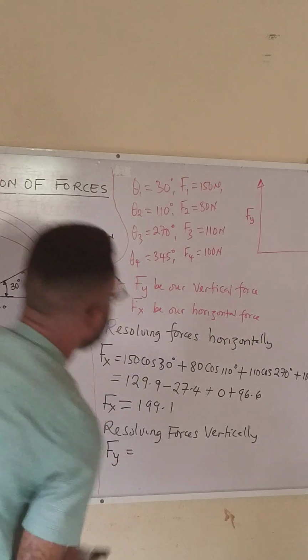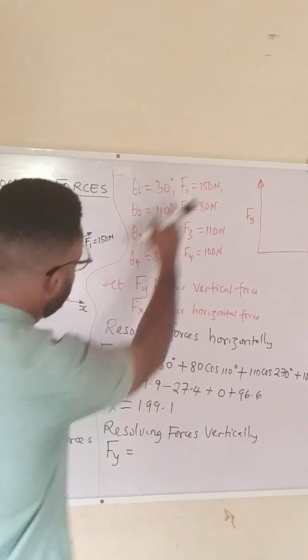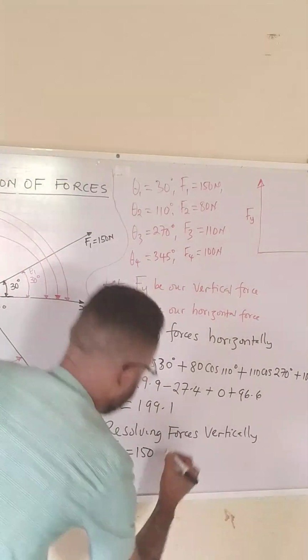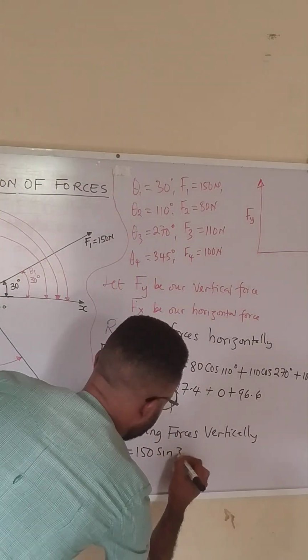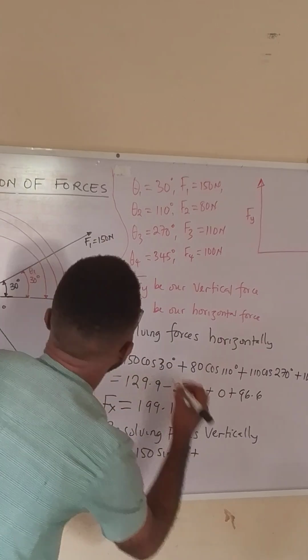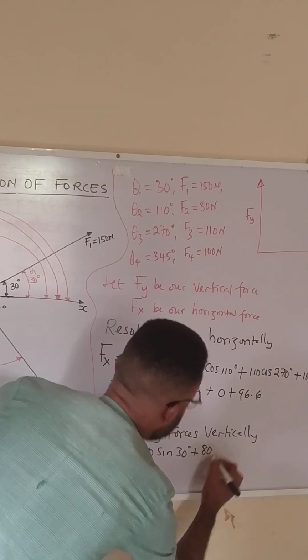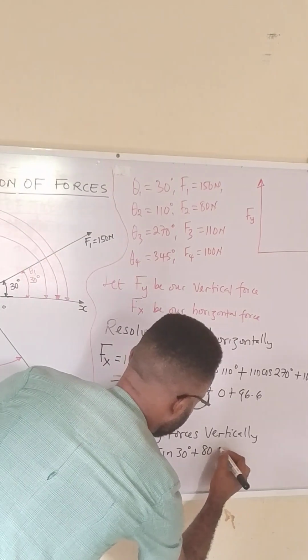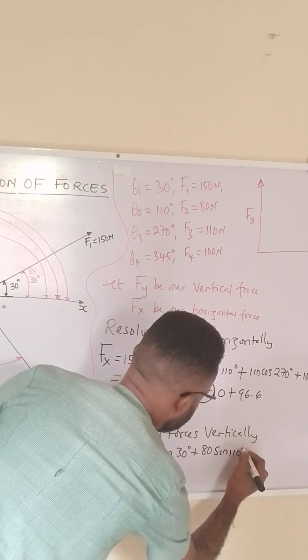And so this is going to give us Fy equal to, we take the first force 150 multiplied by theta 1, which is sine 30 degrees, plus the second force 80 multiplied by theta 2, which is sine 110 degrees.